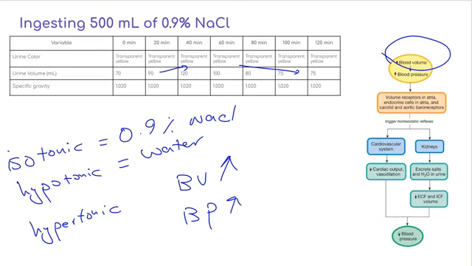One more time, normal saline is an isotonic solution, meaning it has the same concentration of solutes as your blood plasma. So drinking this solution would increase your overall fluid volume without significantly altering the osmolarity of your body fluids. So the osmolarity is not going to change.